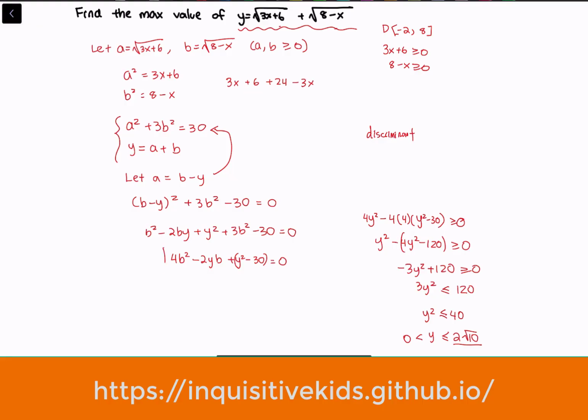So remember the quadratic we had here? We're going to substitute y is equal to 2 times the square root of 10 in here and see what we get for b. Now we're going to use the quadratic formula.